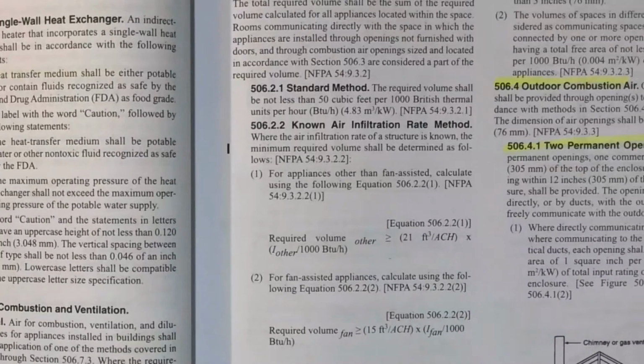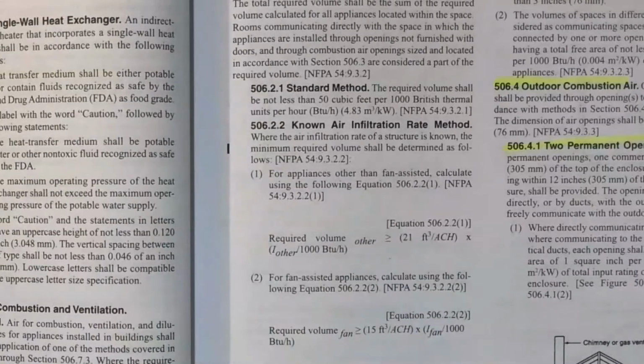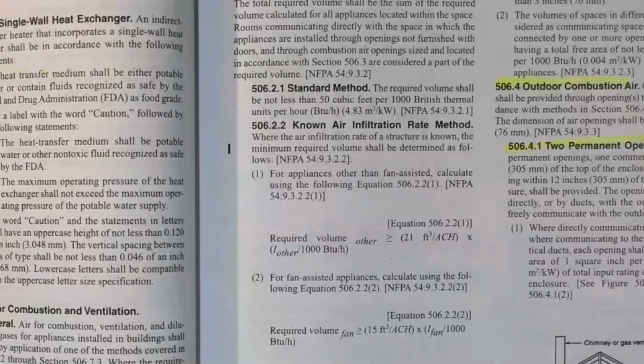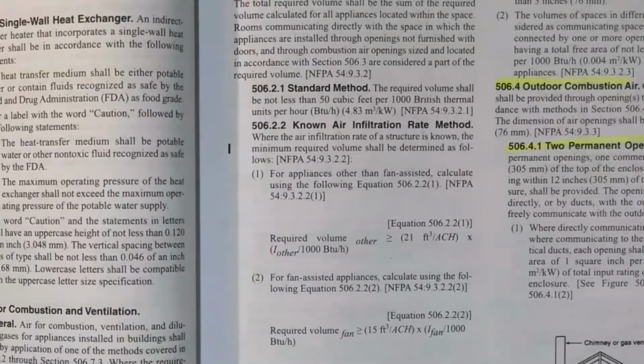We're going to bring it up a little bit here in 506.2.1. The required volume shall be not less than 50 cubic feet per 1,000 BTUs. So if I have a 50,000 BTU furnace, okay, a furnace water heater, how many cubic feet of air requirement do I need?